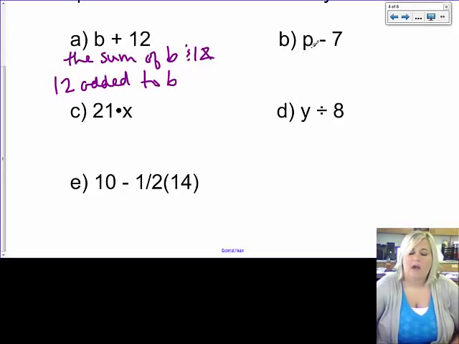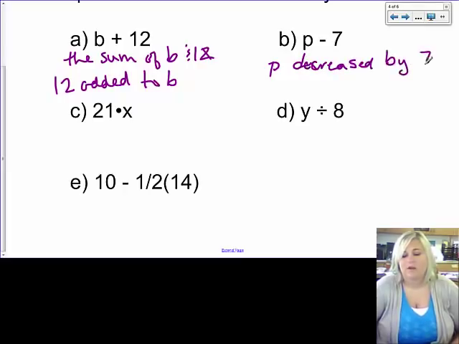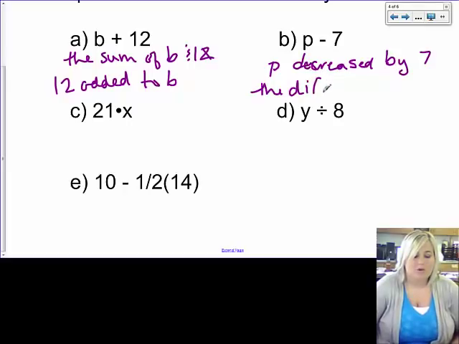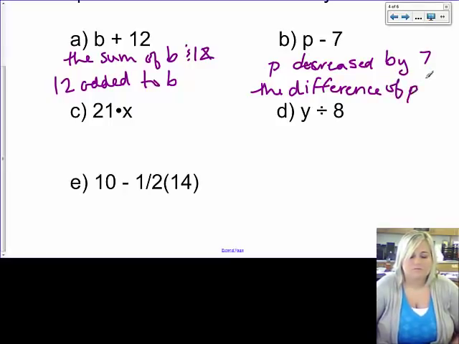On b, I could say p decreased by 7. I could say the difference of p and 7.